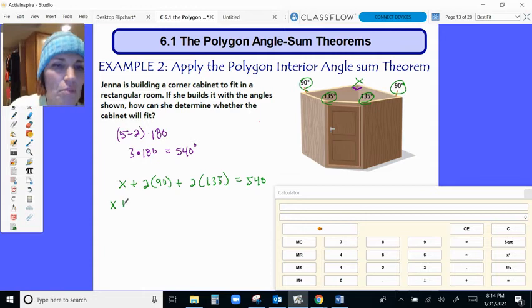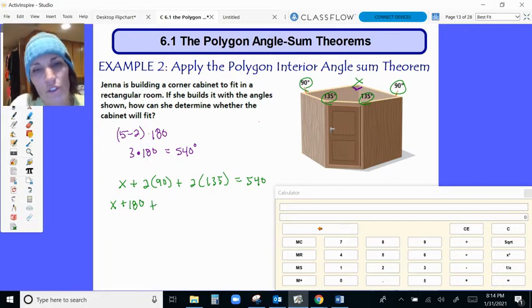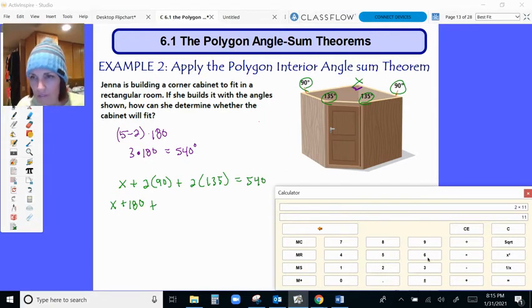So x plus 180, because 2 times 90 is 180, plus 2 times 135. 2 times 135 is going to give us 270.